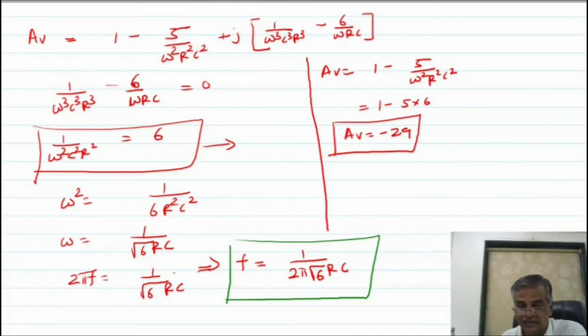The negative sign indicates that a 180 degree phase should be produced by the amplifier, and that amplifier should have at least 29 gain. So the gain of the amplifier should be equal to or more than 29. Then and only then is sustained oscillation produced.